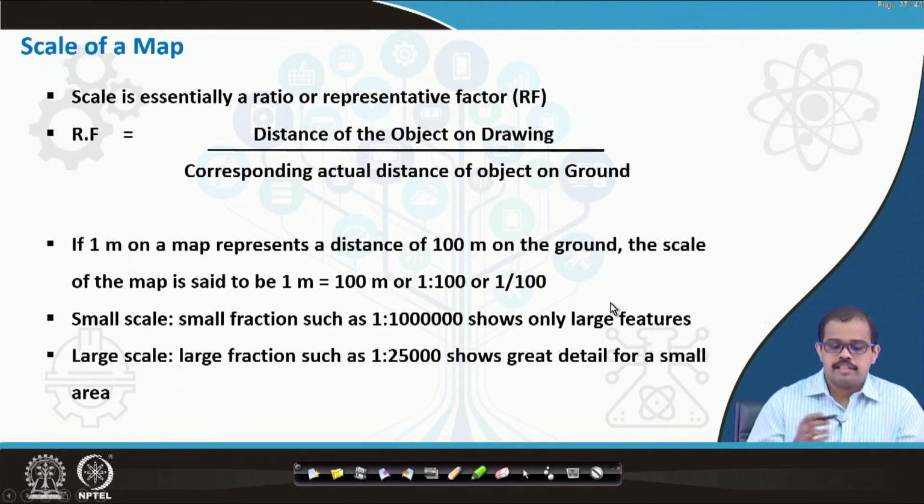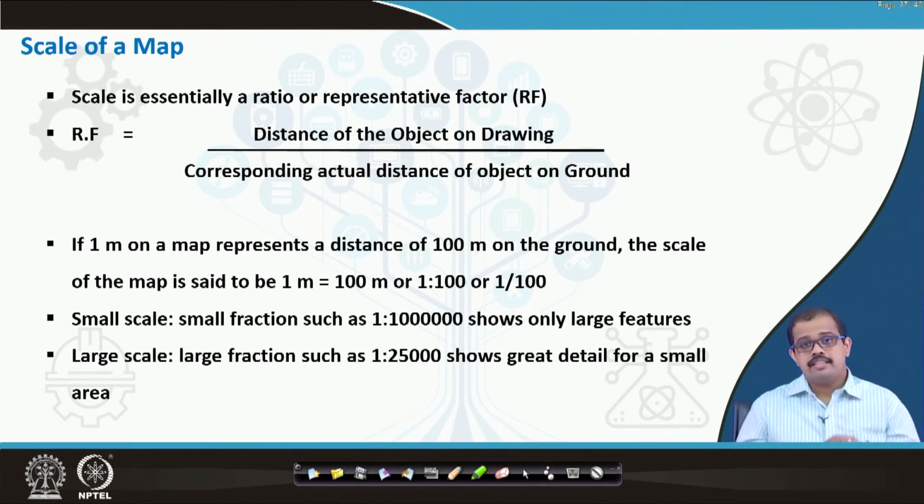Then scale is essentially a ratio or a representative factor. As I said, it is the distance of the object on the drawing or the map corresponding to the actual distance on the ground. If 1 meter on the map represents a distance of 100 meters on the ground, then the map is said to be 1 meter by 100 meters. That is 1 is to 100 or 1 by 100 as a ratio factor.